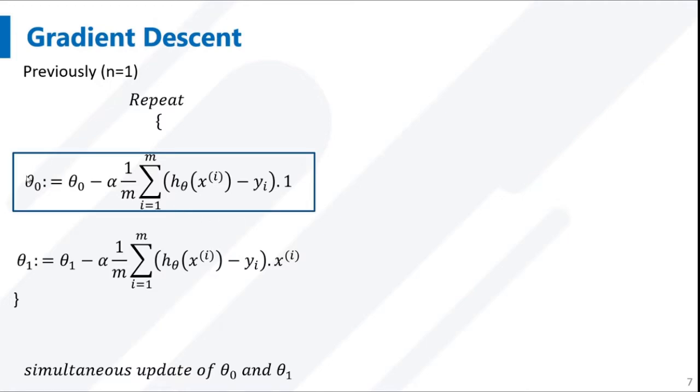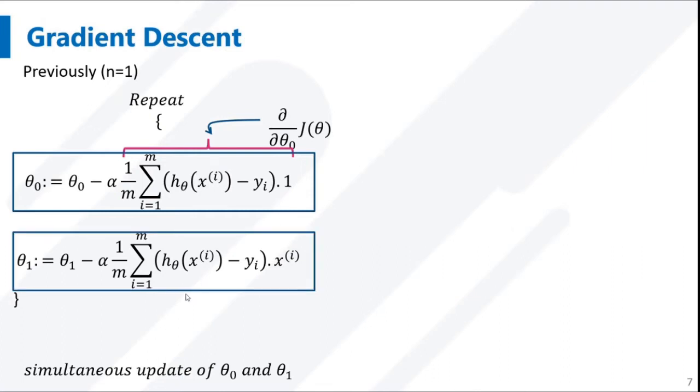If you see the first formula, which is the updating equation for theta 0, the term over there is actually the derivative of J theta with respect to theta 0. When you take the derivative with respect to theta 0, the coefficient becomes 1.